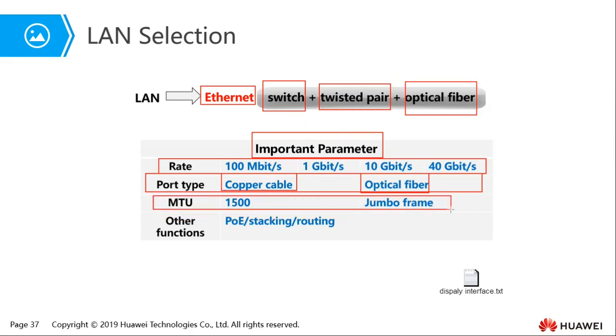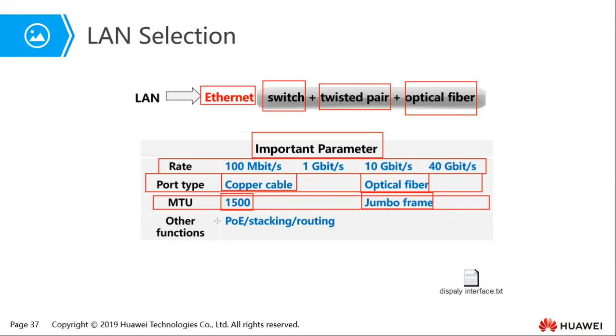Then the other thing we need to consider is the maximum transmission unit in our LAN. Typically, the default MTU for packets in our LAN is 1500, but certain applications such as MPLS VPNs might need to use what we call jumbo frames that are bigger than 1500.